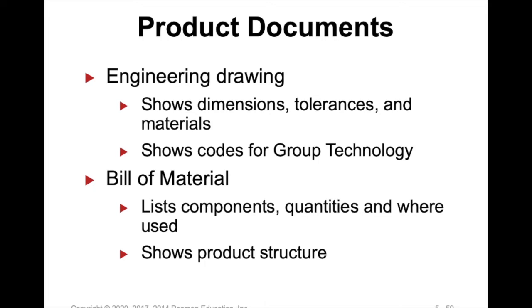The next document we need is the bill of materials. This bill is the list of components, quantities, and where they are used. It should also show the structure of the product.